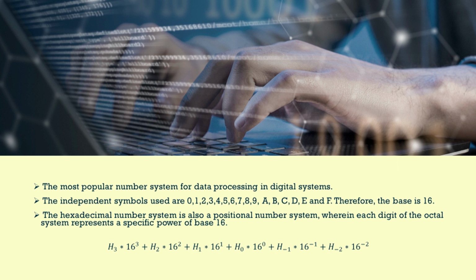So we have an example over here, starting with the most significant digit of the hexadecimal system H3 with its position 16 raised to 3, the positional power, plus H2 into 16 raised to 2, plus H1 into 16 raised to 1, plus H0 into 16 raised to 0, plus, if we come after the hexadecimal point, we have H with the subscript minus 1 into 16 raised to minus 1, plus H minus 2 into 16 raised to minus 2.